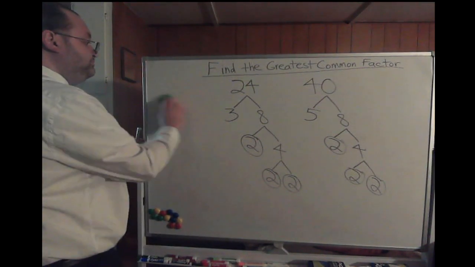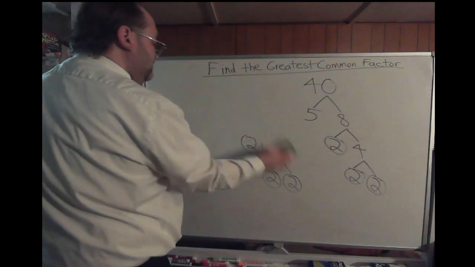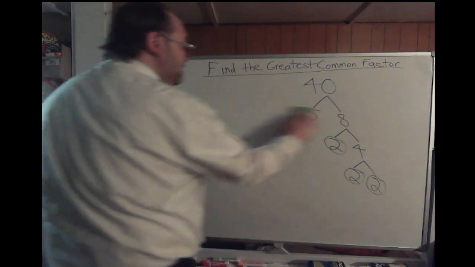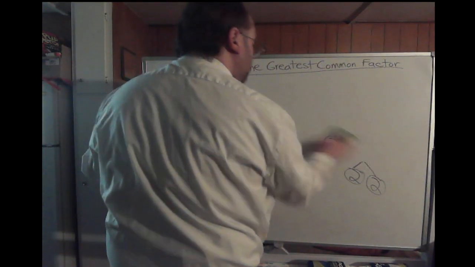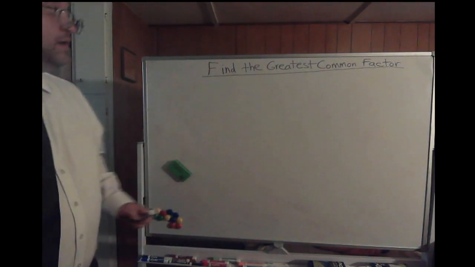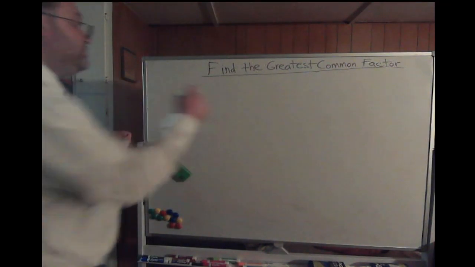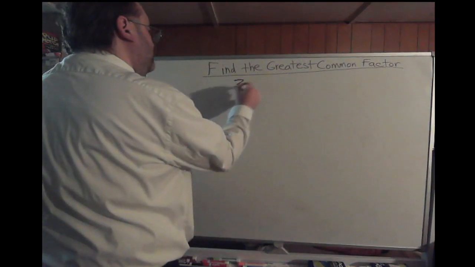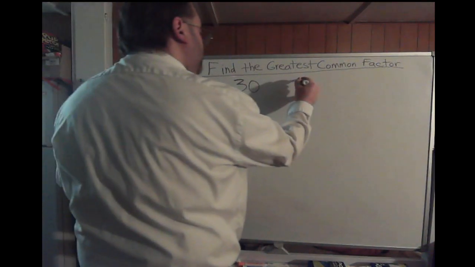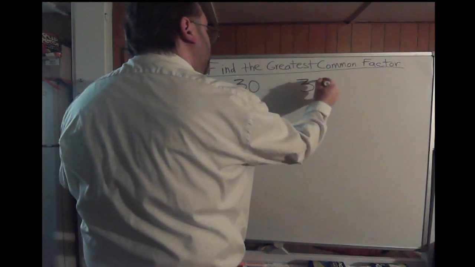Alright. What can we do next? Alright, how about 30 and 35? So we got 30 and we have 35.